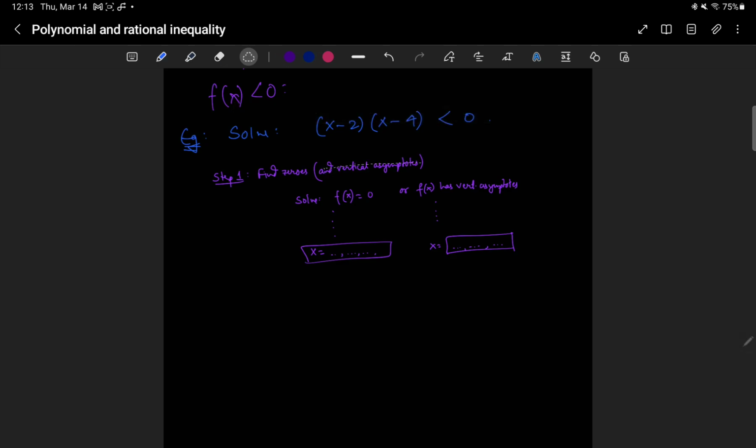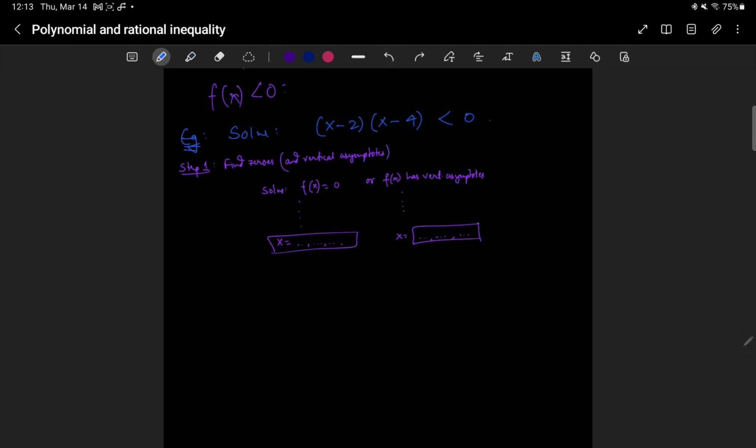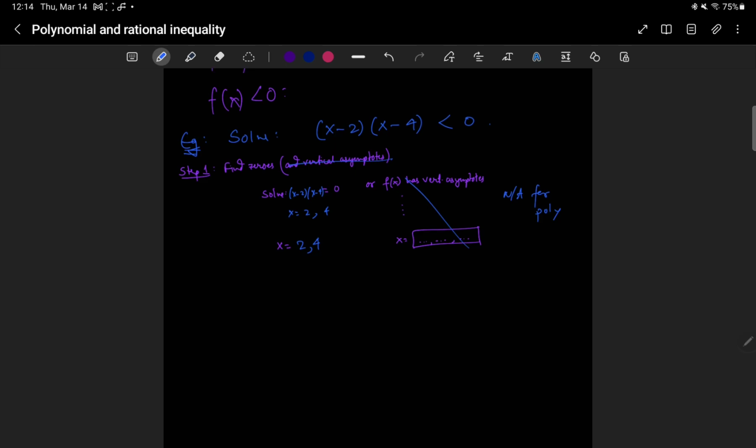In this particular case, vertical asymptote doesn't apply because it's not available for polynomials. I will solve this part. So solving x minus 2, x minus 4 equals 0 gives me x equals 2 and 4. So let me just put that in the list over here. X equals 2, 4.